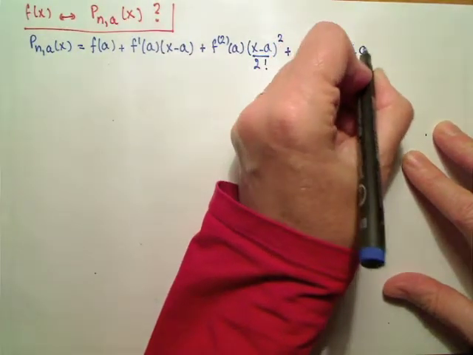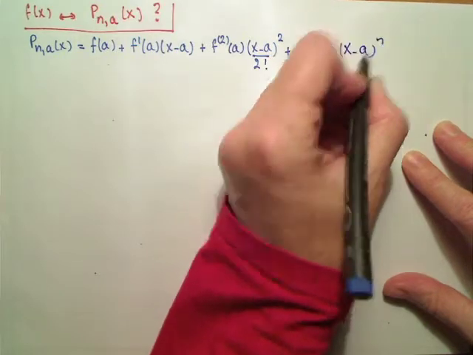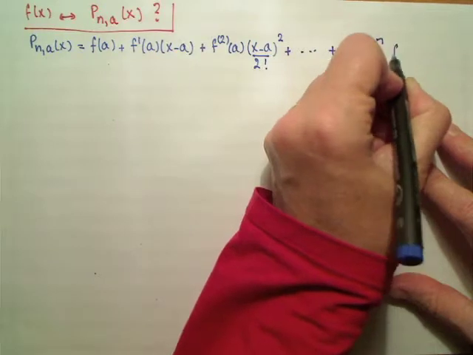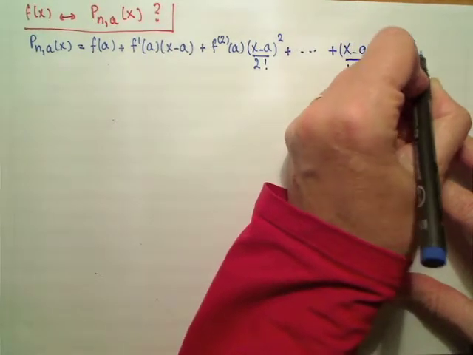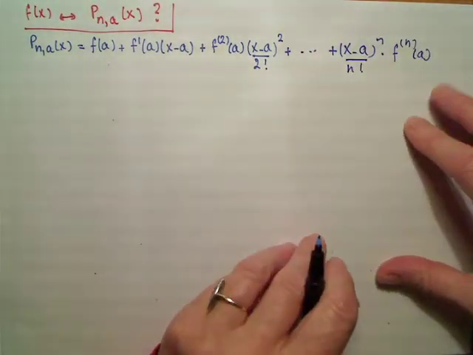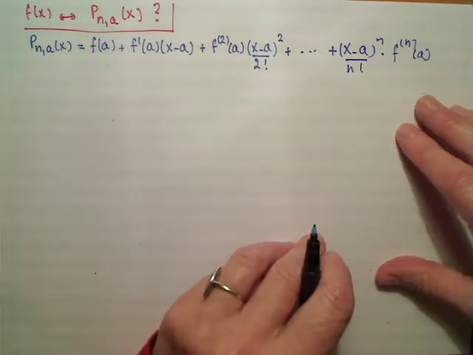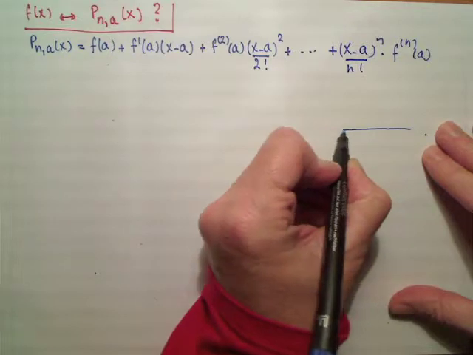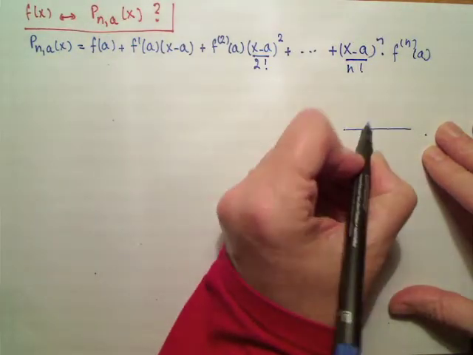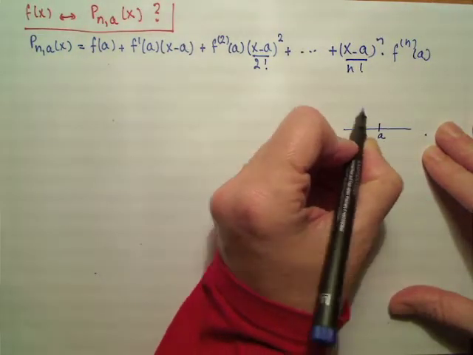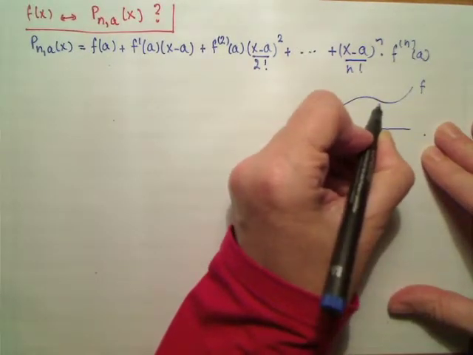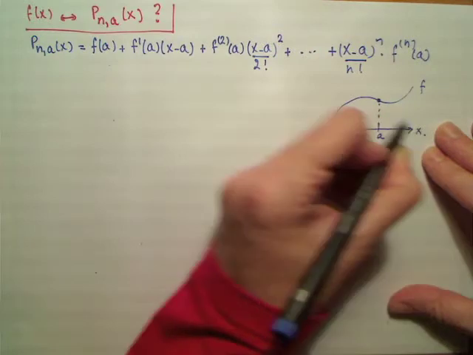So we have this nice expression, and here I almost forgot to include the nth derivative of our function f evaluated at the point a. So we have this function, we have the point a, and this is what we have.